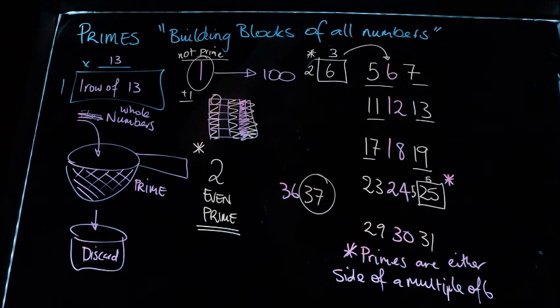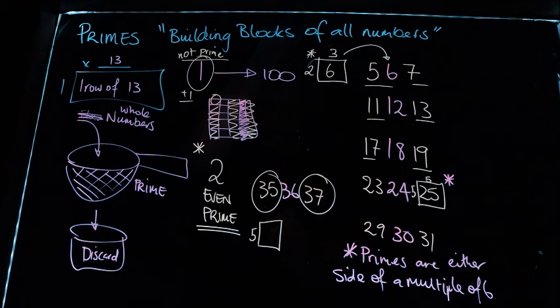That's okay. Look at 35. 35 is not prime, but I'm going to build 35 as 5 times 7. And if we look at the factors of 35, they're 1, 5, 7, and 35.